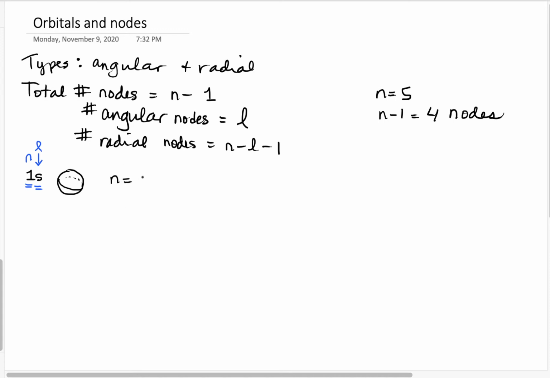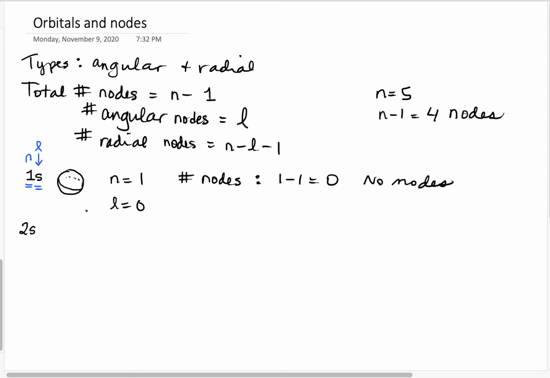N is equal to 1, L is equal to 0 for s. So when we check on our total number of nodes, we have n minus 1. 1 minus 1 is equal to 0. No nodes on a 1s orbital. And that's just what we expect, right? We didn't actually see any there.